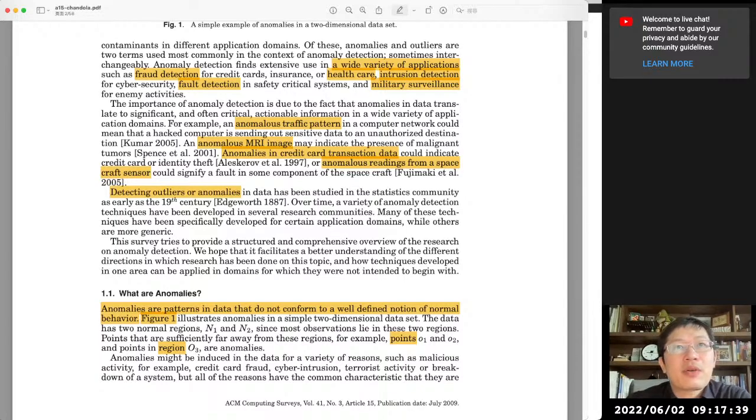Okay, so the next part is, for example, anomalous traffic patterns in a computer network. As we mentioned before, you can continuously monitor your company or campus computer network, and try to record the normal behavior, the normal traffic pattern of your computer network.